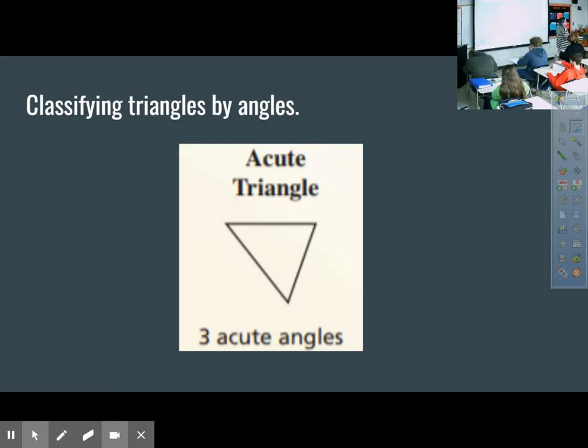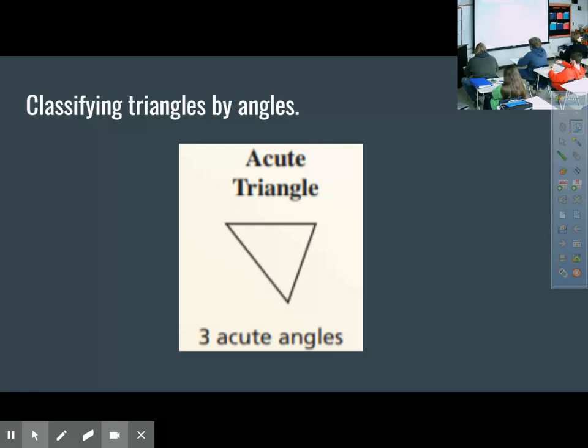That one's also acute. None of those angles are bigger than 90. None of them are 90. They're all less than 90. So the top 2 would be acute. So label that one as acute also.